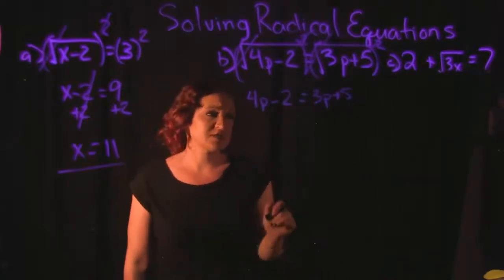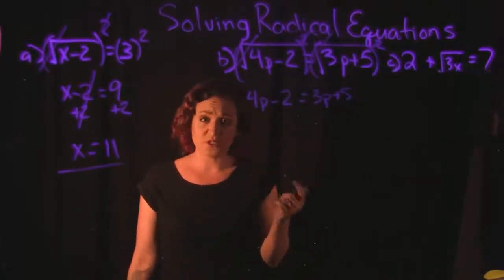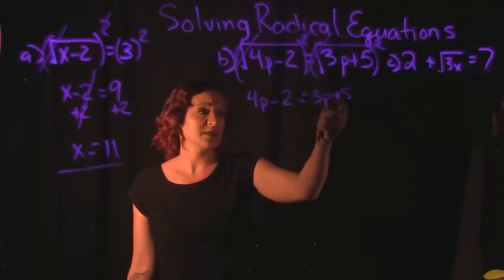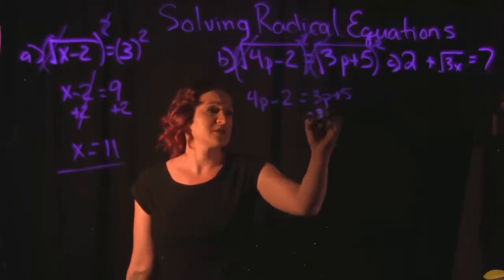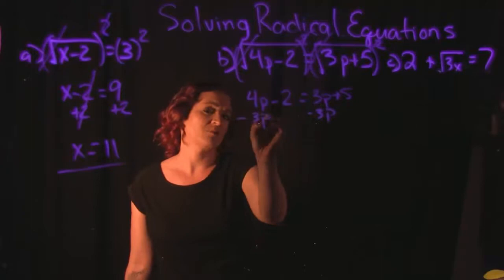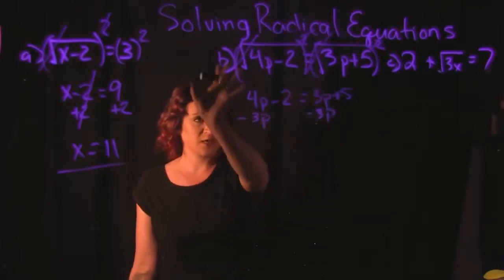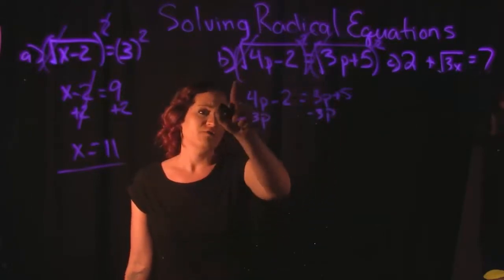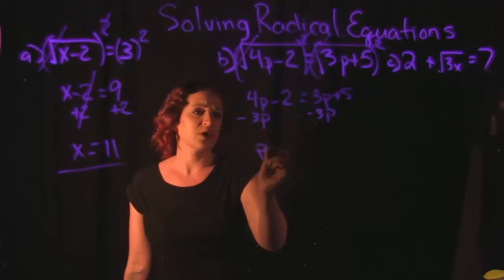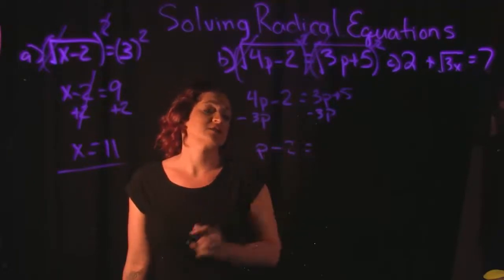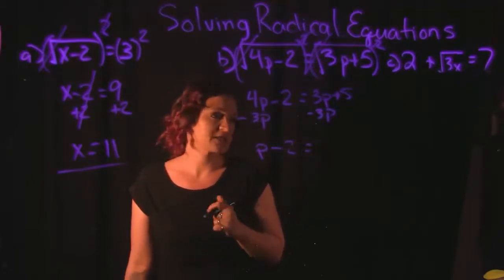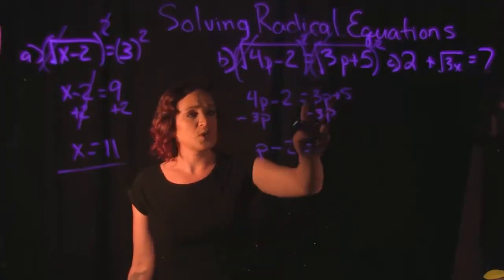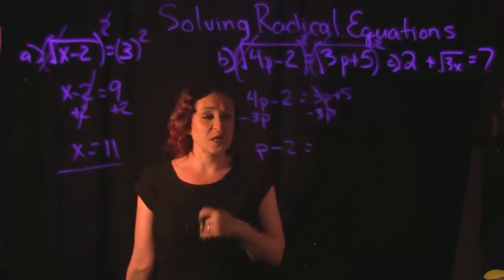Continuing to solve this equation, I'm going to get my variables together. This 3p is a positive 3p. I'm going to subtract that 3p on both sides to get my variables together on the left. 4p minus 3p gives us 1p. Drop down that minus 2. We haven't done anything with it yet. That's going to equal, we had a 3p, but we subtracted it away, so it's gone.